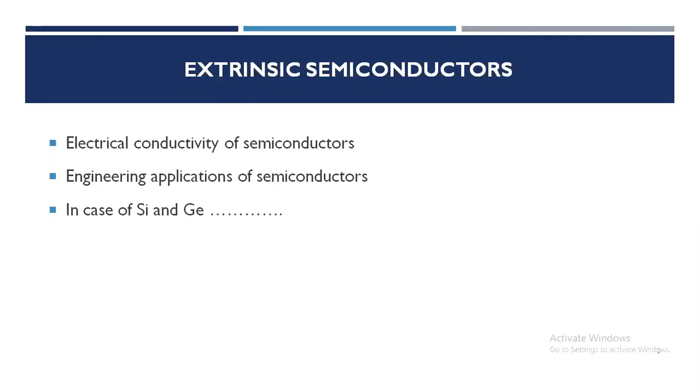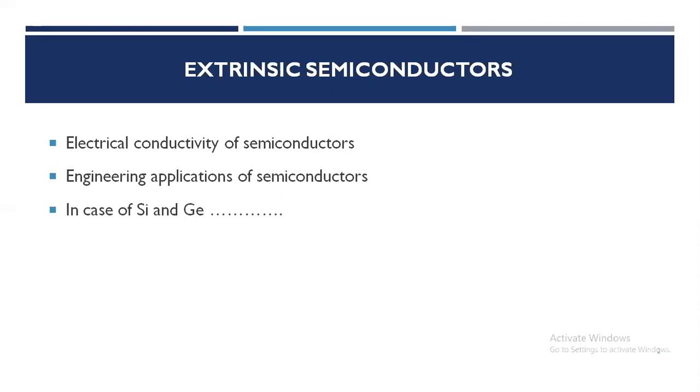In case of silicon and germanium, the doping elements are either from the third or fifth column of the periodic table. The most frequently used elements from the third column are boron, gallium, indium, and aluminum.